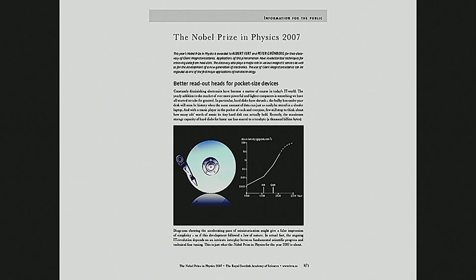For those of you who don't know what that is, it turns out that if you have layered systems that have ferromagnetic atomic planes, let's say 5, like the fingers of my hand, interspersed across a non-magnetic or weakly magnetic layer, and then there's another ferromagnetic layer. When these two ferromagnetic layers are aligned, so all the magnetizations of the atomic planes are pointing in the same direction, the resistance is relatively low. But if you could somehow rotate the second layer so that it's still ferromagnetic, but now pointing in the opposite direction to that layer, the resistance goes way up.